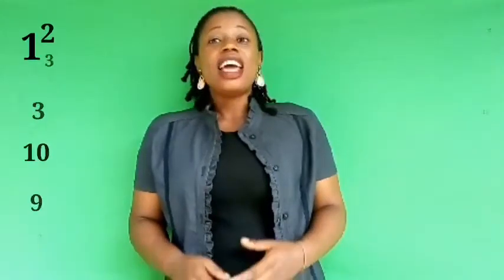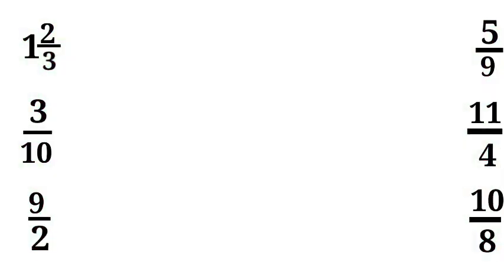Now, let us identify the proper fraction, the improper fraction, and the mixed fraction in the following numbers. The first one is 1 whole number, 2 over 3. That is the mixed fraction.